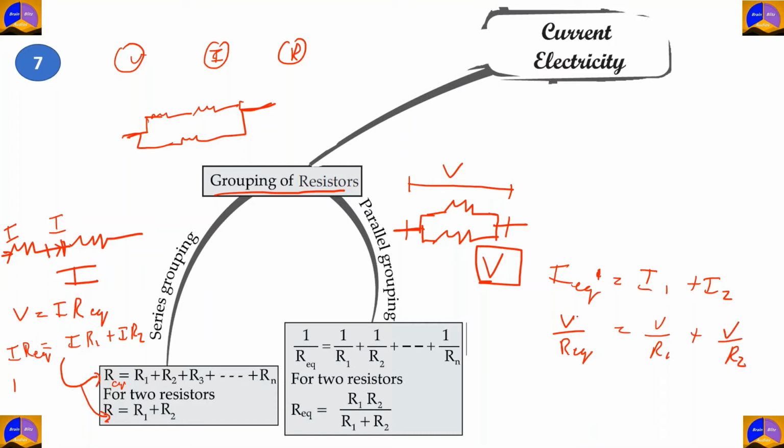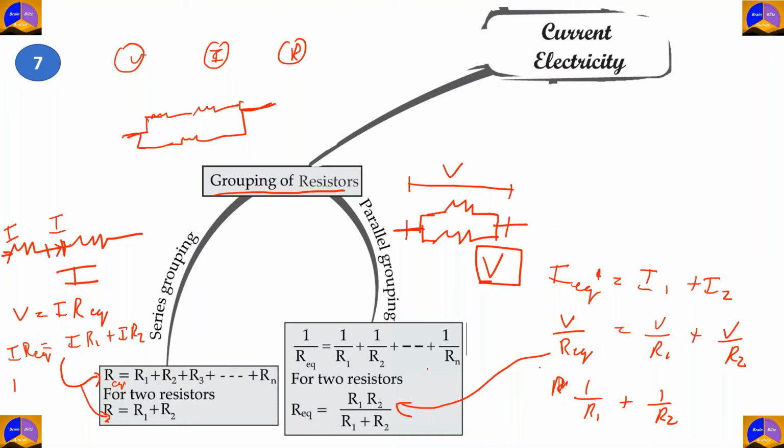Again, the voltage or potential difference is constant here, so we take it out of the equation, which leads us to this. R equivalent is equal to R1 R2 divided by R1 plus R2, or more simply, 1 by R equivalent is 1 by R1 plus 1 by R2. And this is for two resistors.